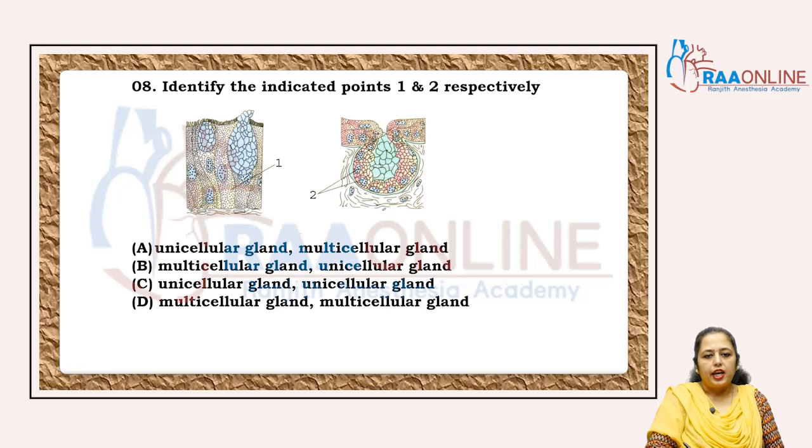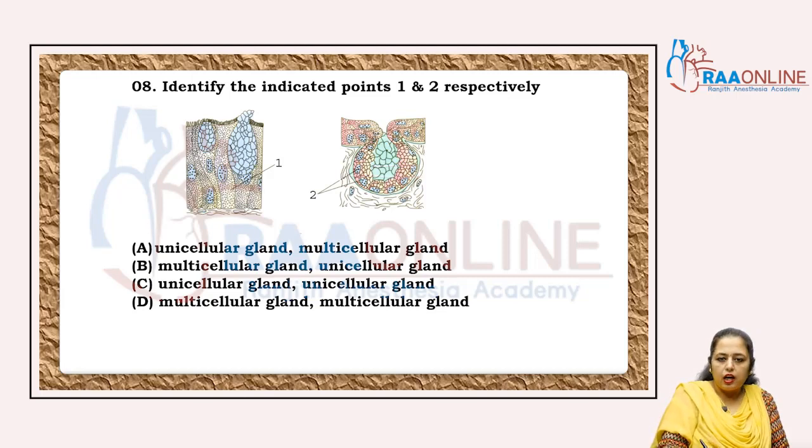In question number 8, identify the indicating points 1 and 2 respectively. Point 1 is the unicellular gland, and point 2 is the multicellular gland.